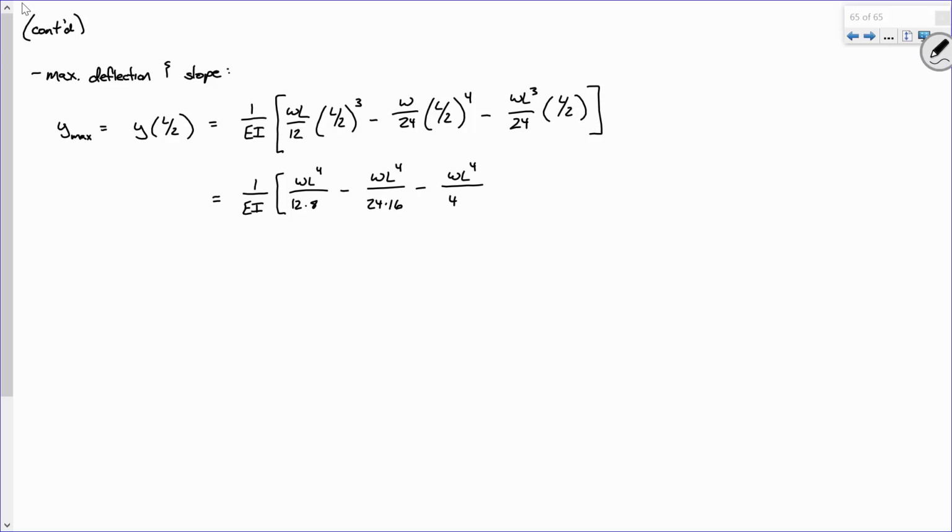You're right. Everybody okay with this? So can I factor out a common term? I can factor out the WL to the fourth, right? Okay. So WL to the fourth over EI, whoa, what the heck?